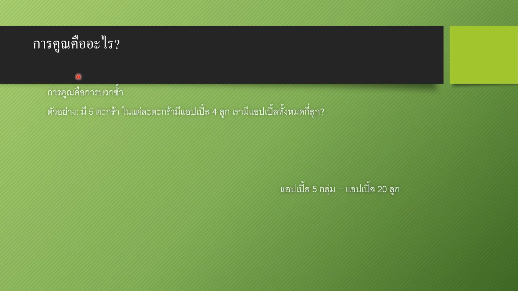What is multiplication? Do you know multiplication? Multiplication is repeated addition. That means you are adding the same number again and again. Okay, so we will see a small example.